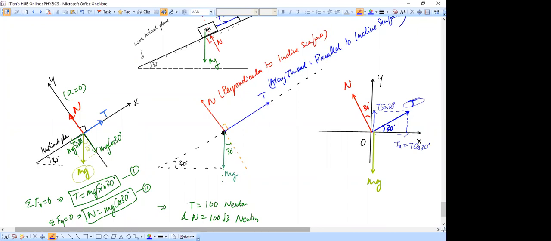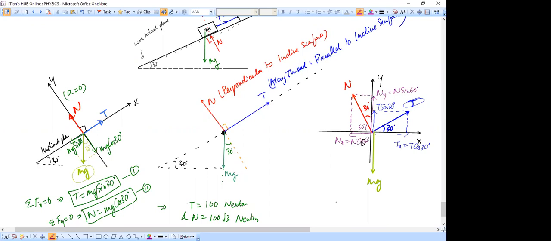And then take similarly the normal reaction's y component, that would become N sin 60, because this angle is 60, and the normal reaction's x component, which would be along the negative direction but would have a magnitude of N cos 60.